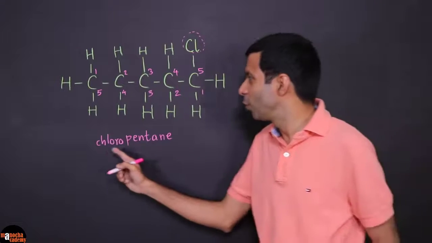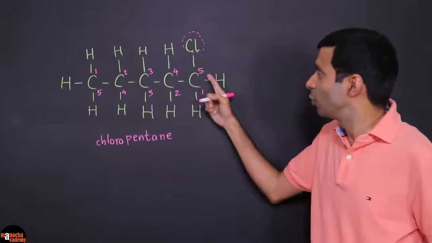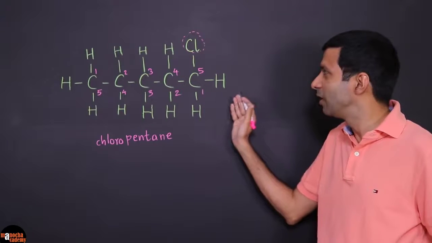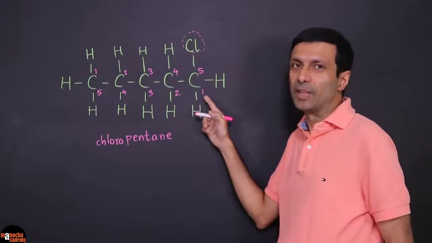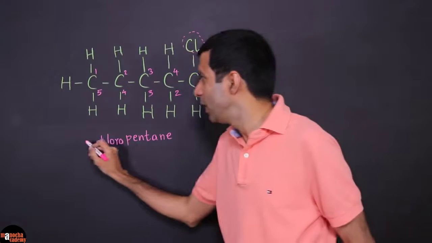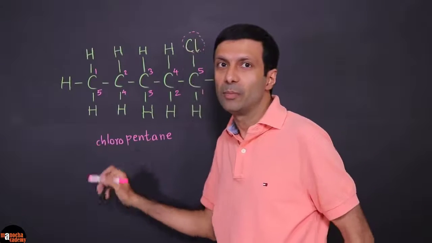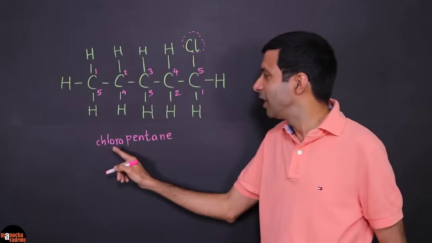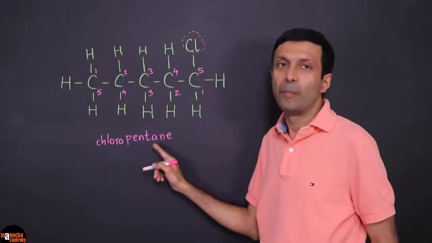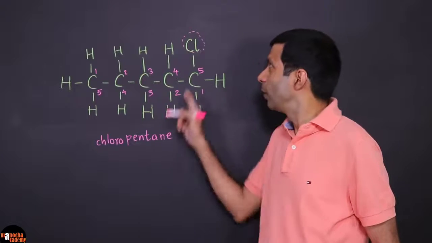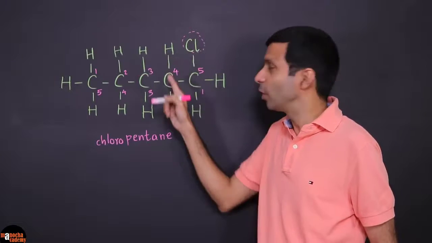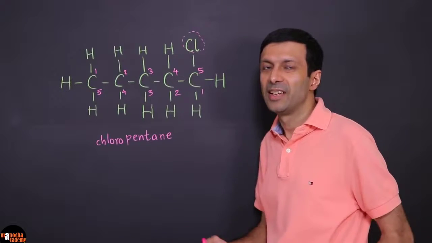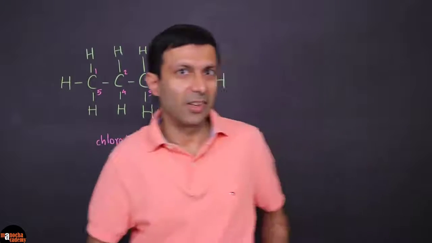So what position of chloro should I give here? Is it going to be 5-chloro? No, it's 1-chloro, because we'll choose the nearest, the smallest number here. But there's no need to actually write 1-chloro, because the number 1 is not necessary. So simply the name is going to be chloropentane. But if the chlorine was here, then the name would have been 2-chloropentane, right?